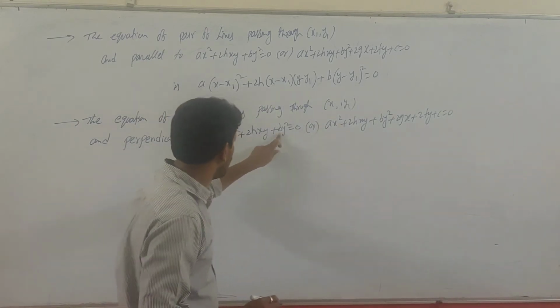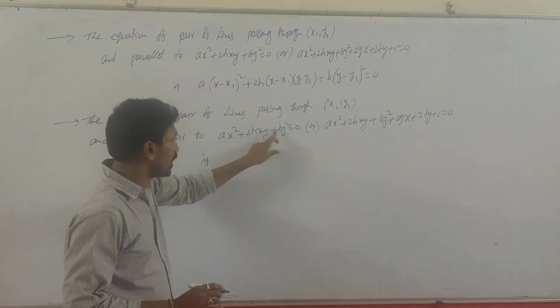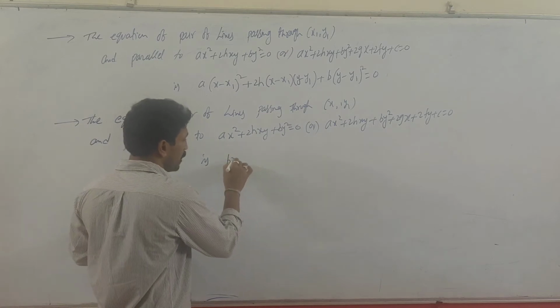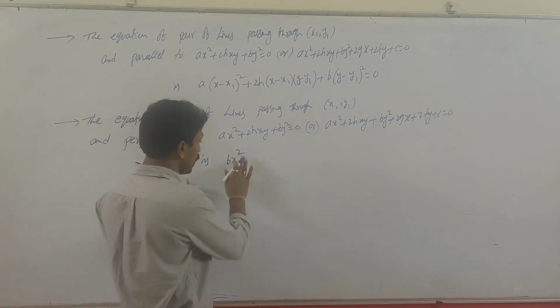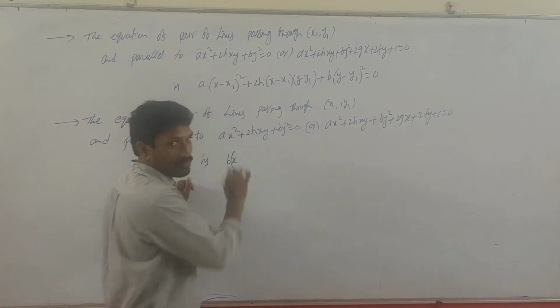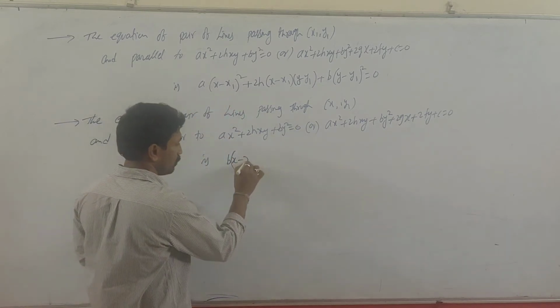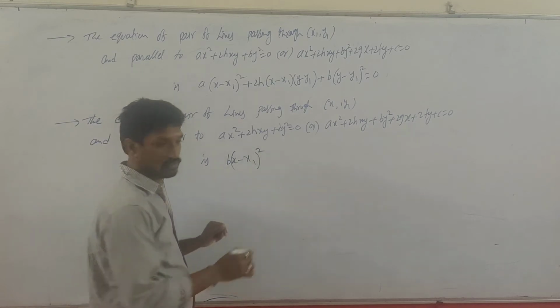just this b you write here, a you write here, and in between you write minus. So bx² means b times (x − x1)².